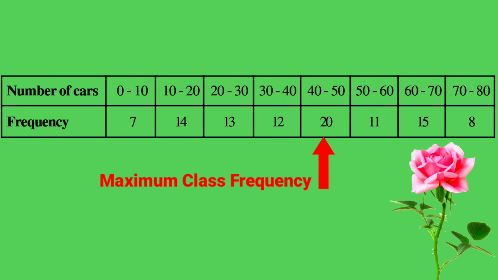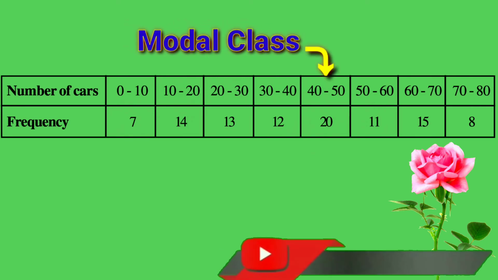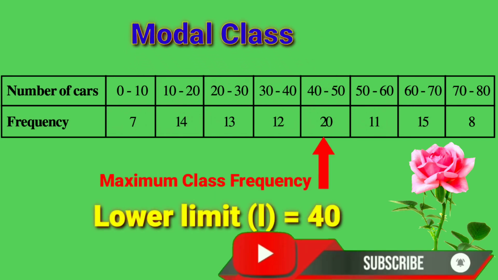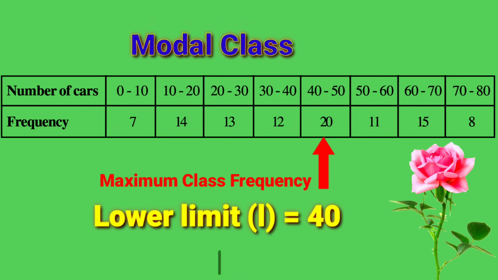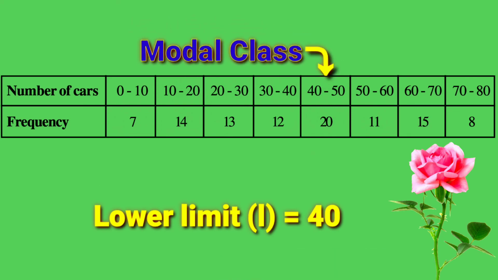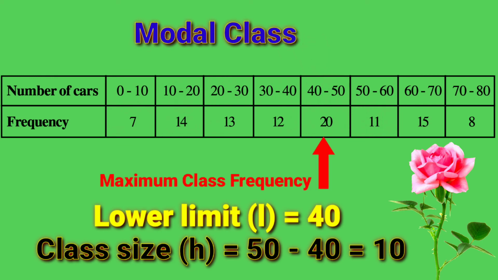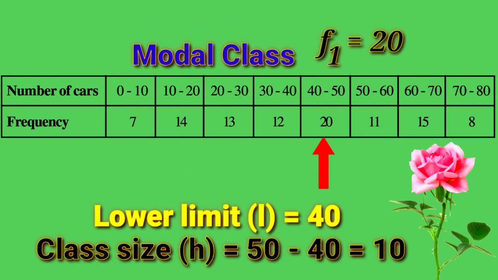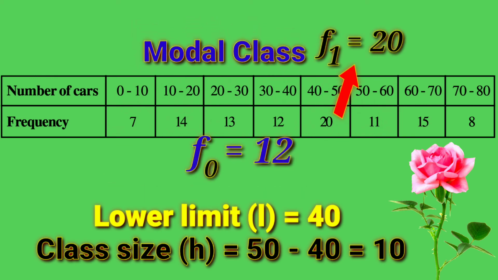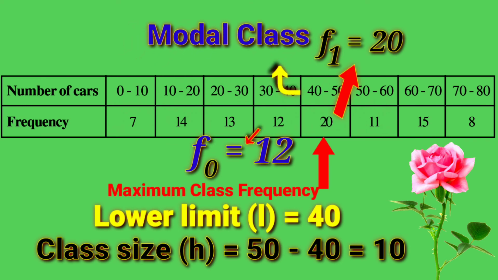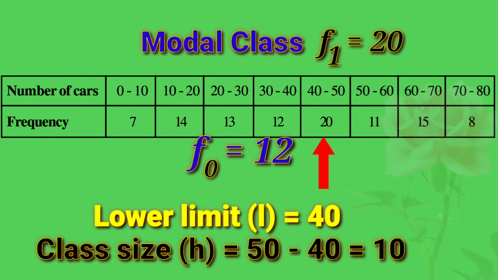So therefore modal class is 40 to 50. L, the lower limit, is 40 here, and we have class size h, 50 minus 40, is 10. Frequency of the modal class is 20. Frequency f0 of class preceding modal class is 12. Frequency f2 of class succeeding modal class is 11.